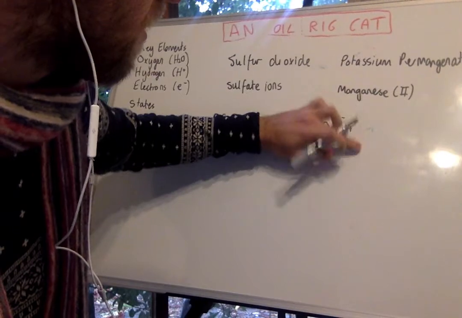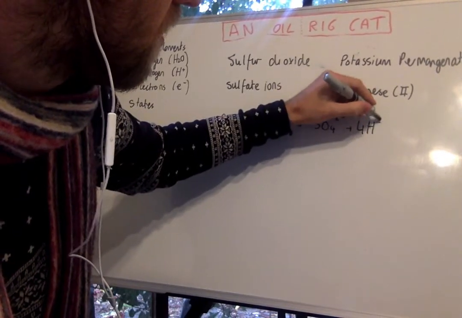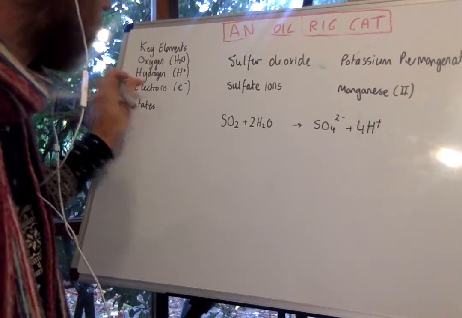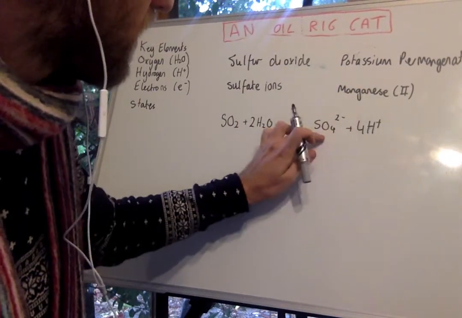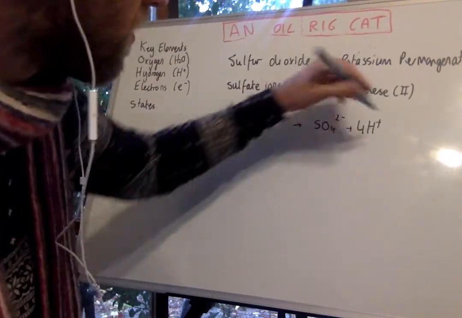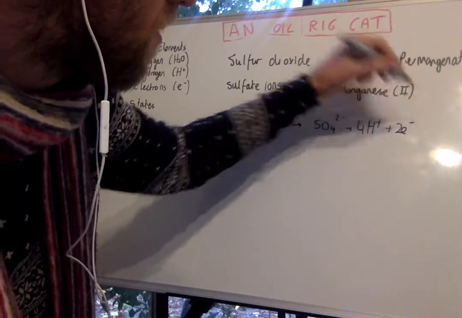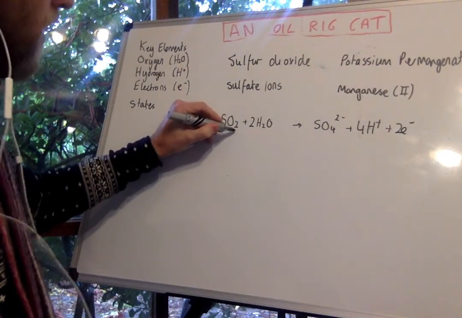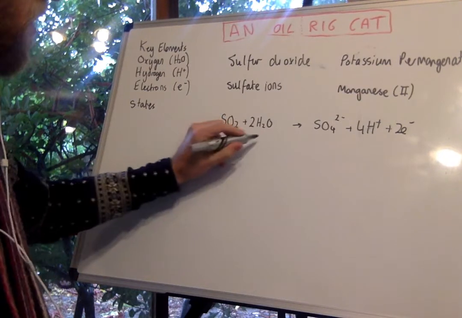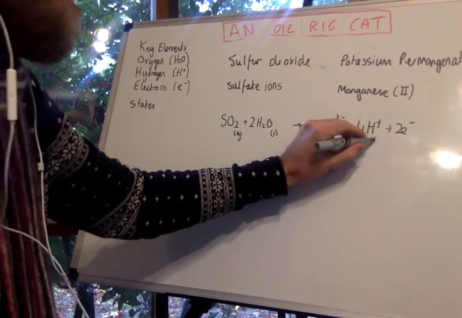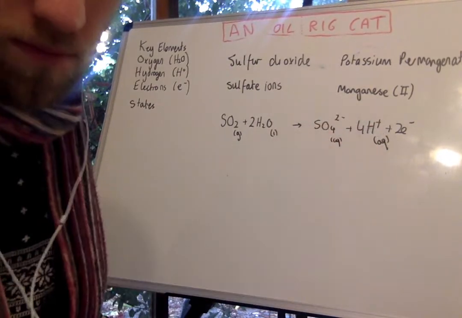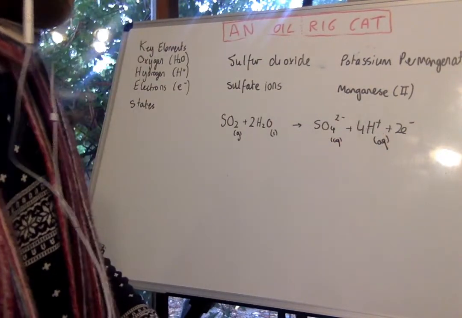We're up to electrons, so we've got 2 negative and 4 positive, so that's plus 4 minus 2 equals positive 2. This side is 0, so we add 2 more negatives to make it equal. And then we do states. SO2 is probably a gas, but the sulfate, it's got a charge, so it's aqueous. Hopefully you can see that. So that's that side.